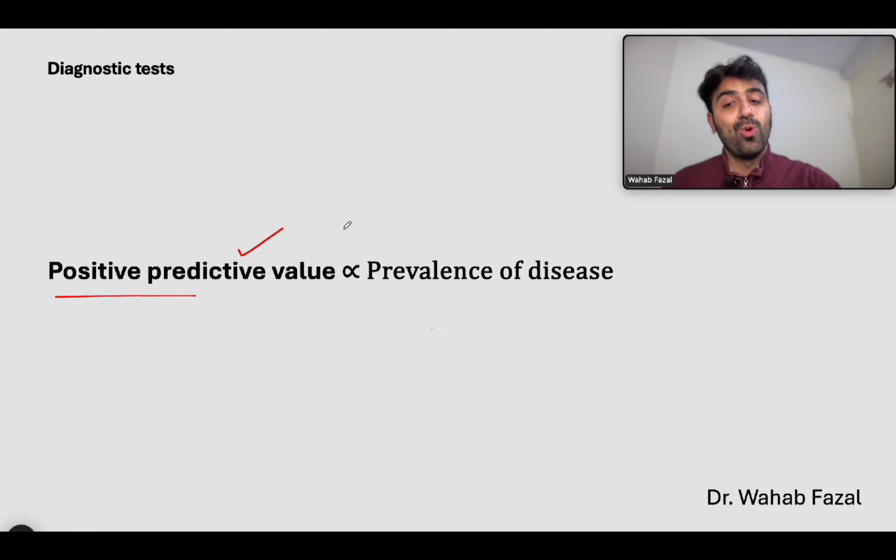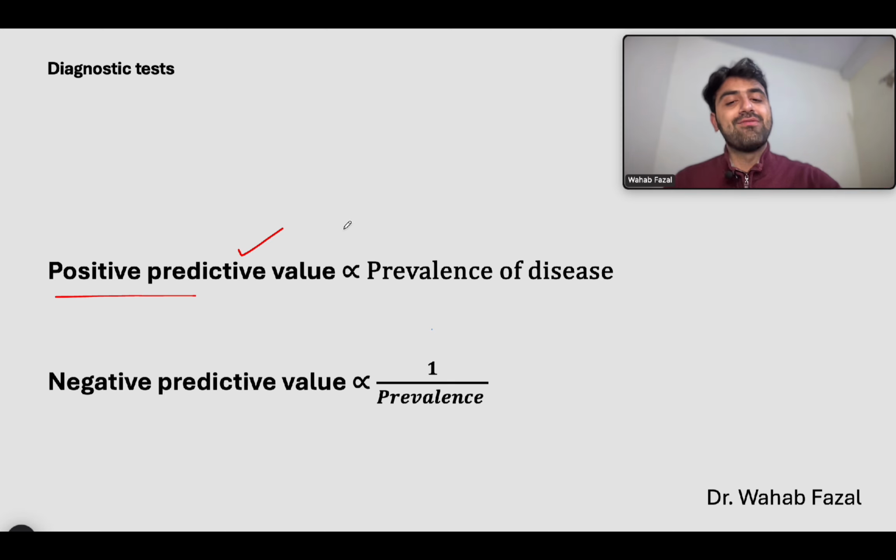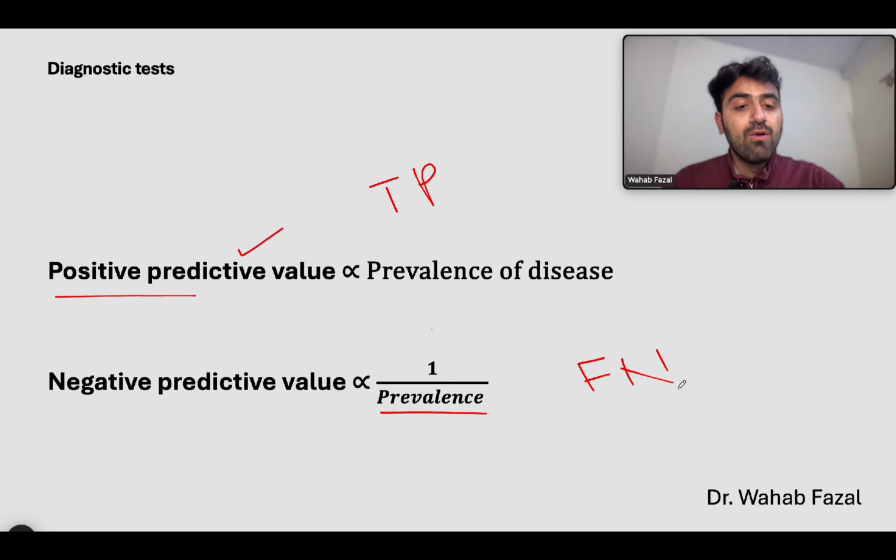The negative predictive value of these tests in these countries is low, because a positive test is very likely to be a true positive and a negative test is more likely to be a false negative.